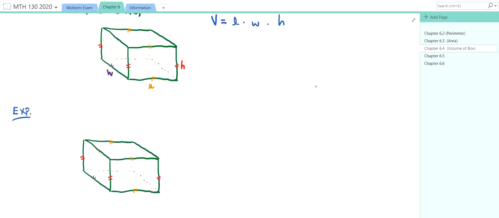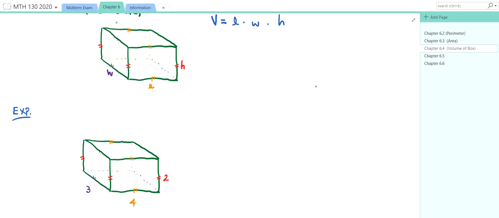Suppose, okay, I've copied a box down here for my example. I'm going to put some numbers in. Suppose my height was equal to 2. My length is equal to 4. And my width is equal to 3.